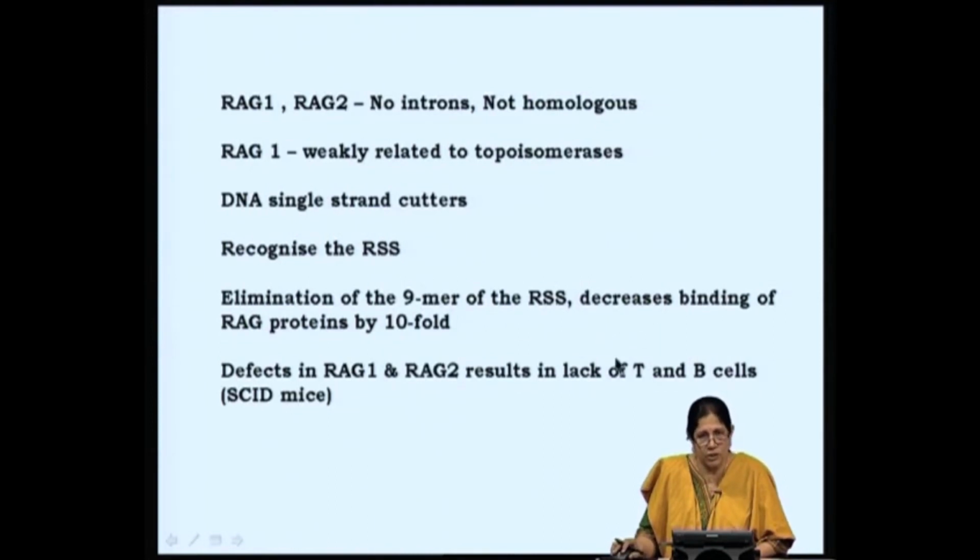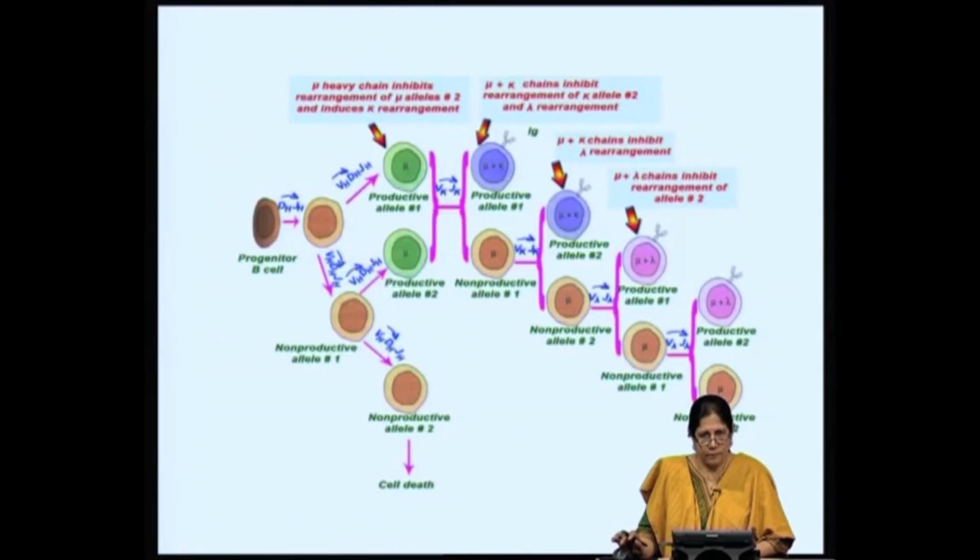So, absolutely essential. Both heptamer and nonamer are required for the recognition, but the affinity with which the enzymes bind decreases a lot when the 9-mer is taken away.